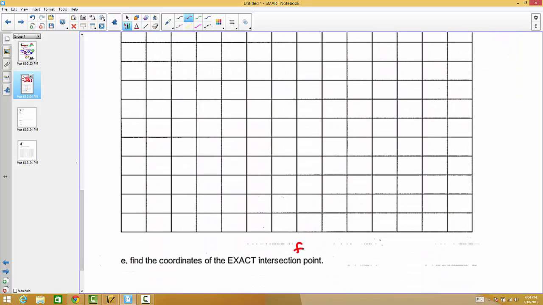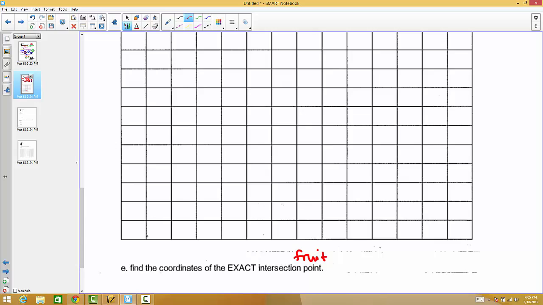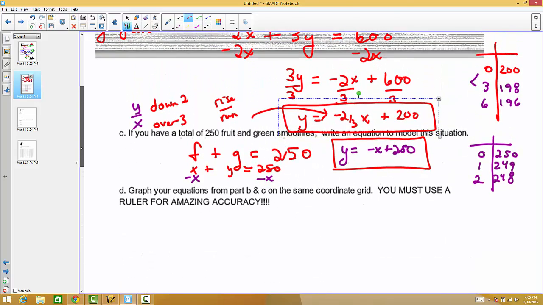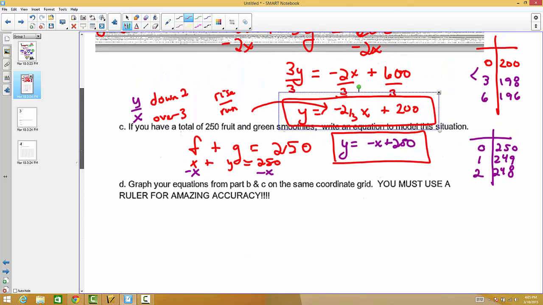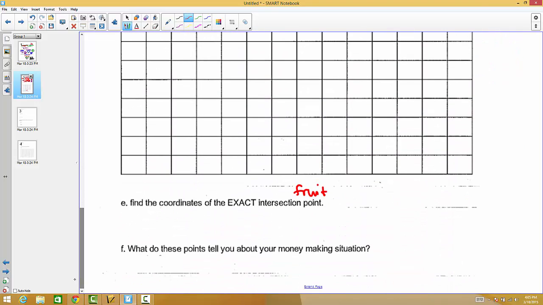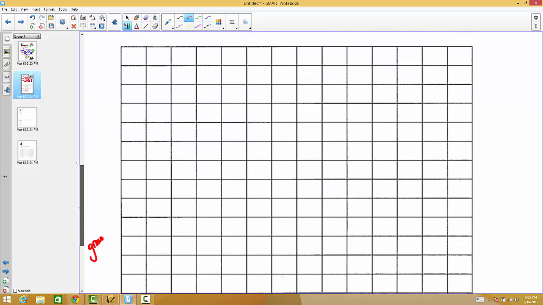So we're going to make this fruit, and I guess you could go up by like, you're starting at 250, so if you make this your green, you're going to have to get to 250.